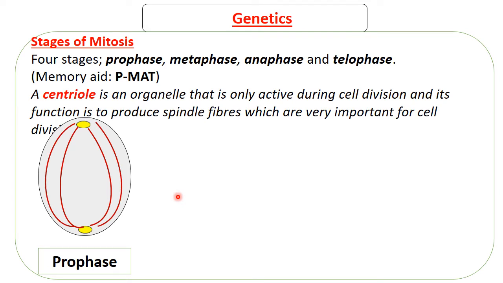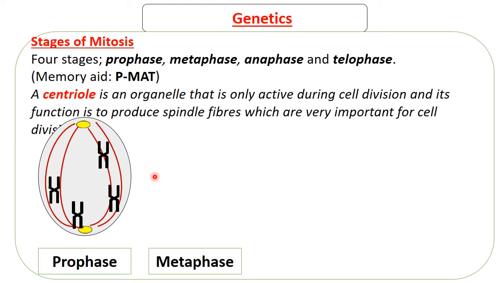So that's the role of the centriole, to produce spindle fibers. Once spindle fibers are formed, the chromosomes are going to shorten and coil, and they'll become visible. Usually they're invisible, so they are going to become short and coil so that they become visible. So these are the chromosomes which have become visible during prophase.